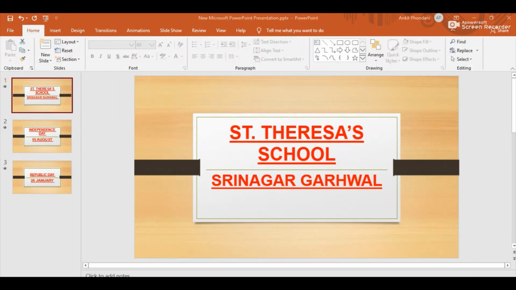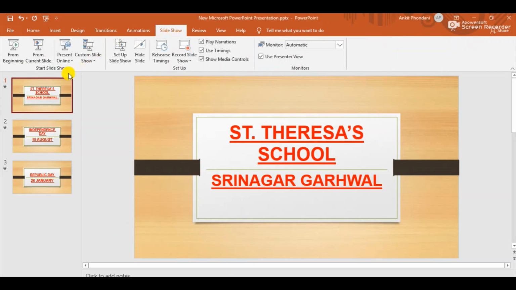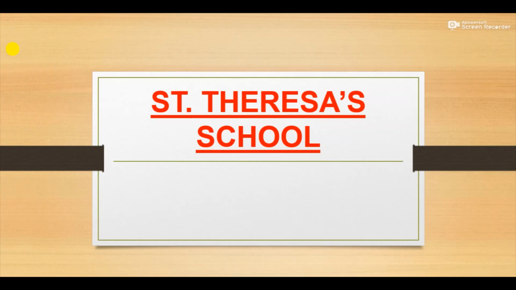Now I will show you how the transition effects will be displayed whenever the slides are changing. For that, click the Slide Show tab, and from the Start Slide Show group choose the From Beginning button. Now we can see this is the slideshow of my presentation.